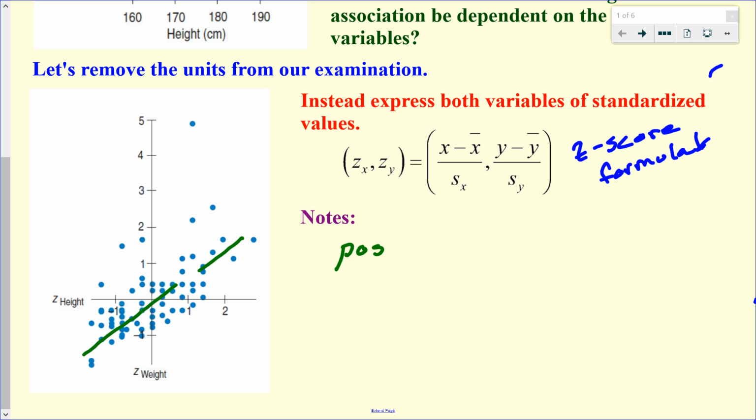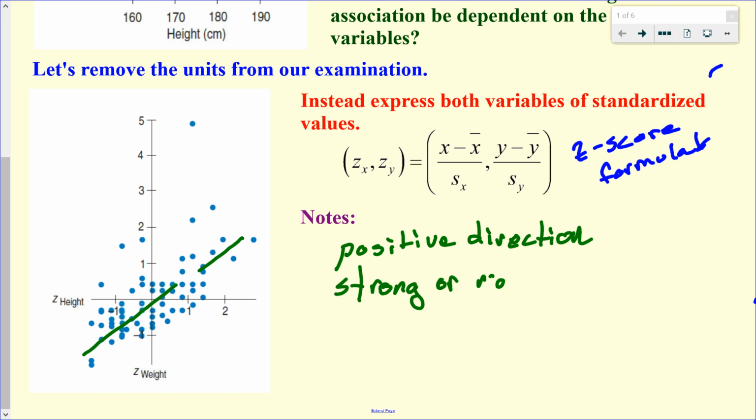We still see the positive direction. You can still see the strong or moderate association.